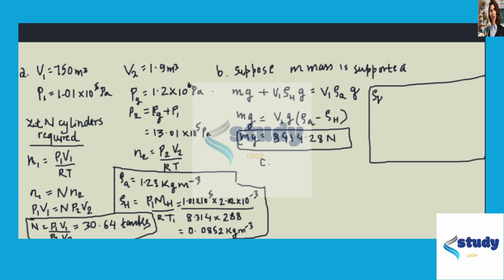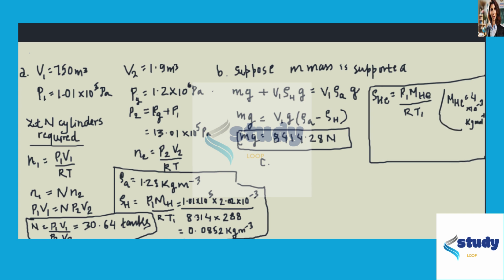Again, rho He is equal to P1 times the molecular mass of helium upon RT1, where the molecular mass of helium is 4 grams per mole, so 4 into 10 to the power minus 3 kg per mole.